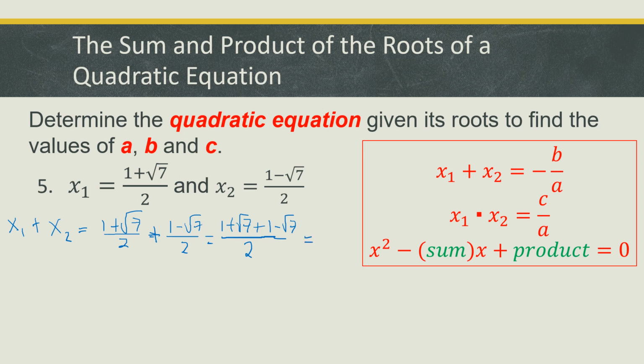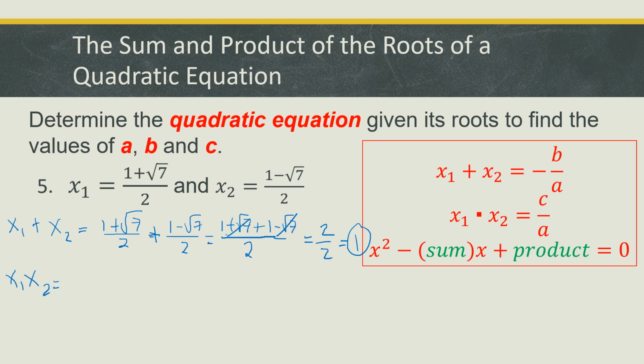So observe that 1 plus 1 is 2. And positive square root of 7 and negative square root of 7 is 0. And divided by 2, therefore we have 1 for the sum of the roots. How about the product of the roots?